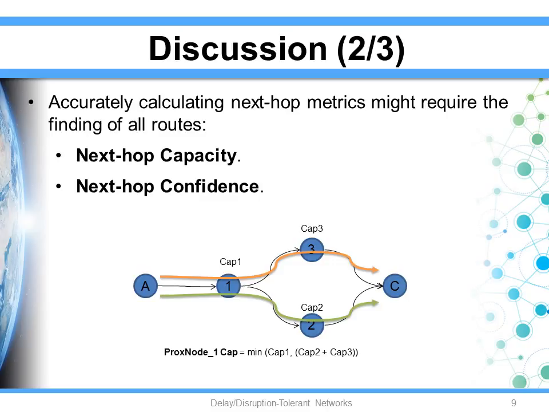If we want to get the next hop capacity, for instance, out of this simple topology, then there is no way to be exhaustive and accurate in the calculation of the capacity of a path through a proximate node 1 in this case, if we do not find all the possible routes that leave that node toward the destination C. So finding only a subset of the routes in a graph can be counterproductive from the metric calculation perspective.